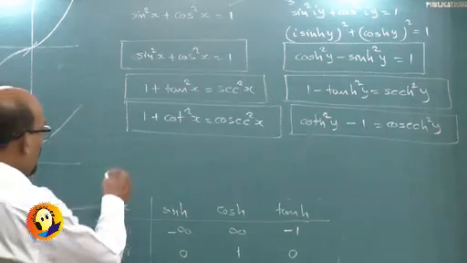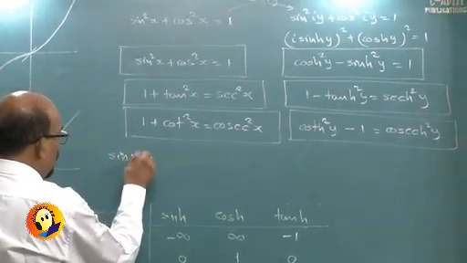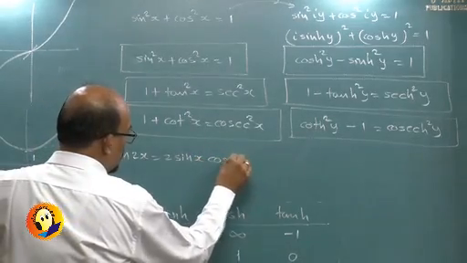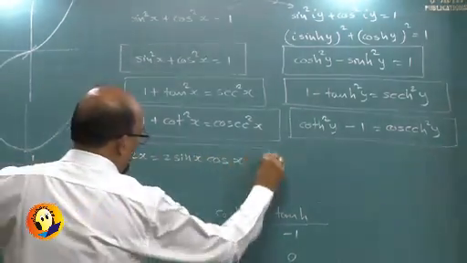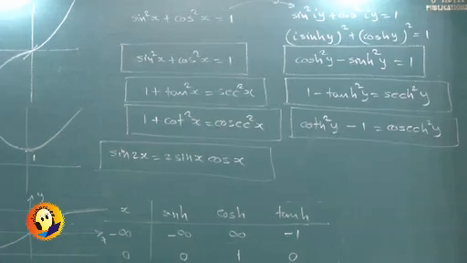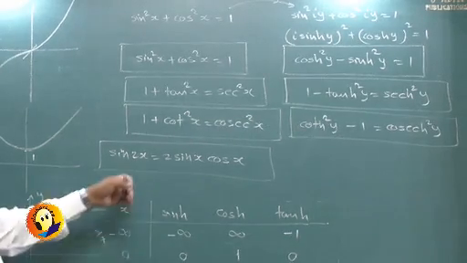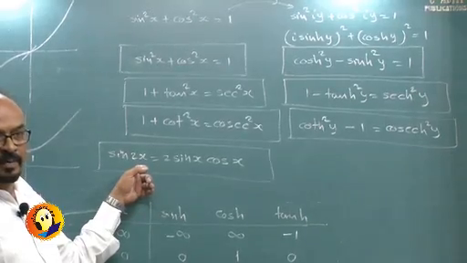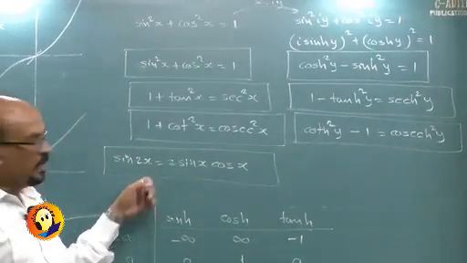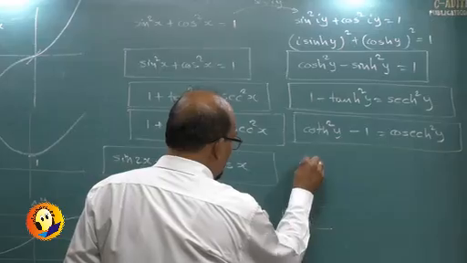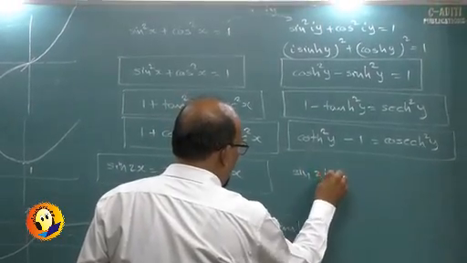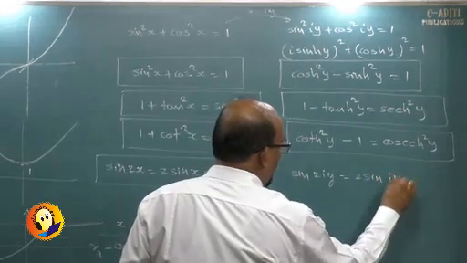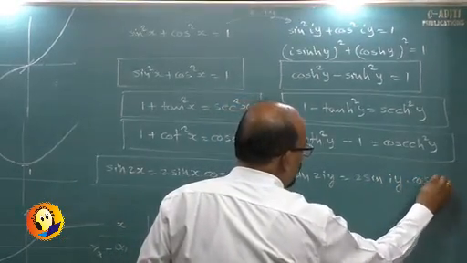Right. Now we have a formula sin 2x as 2 sin x cos x. If I substitute iy, it will be sin of 2iy. So I will do it that way. Sin of 2iy equal to 2 sin of iy into cos of iy.